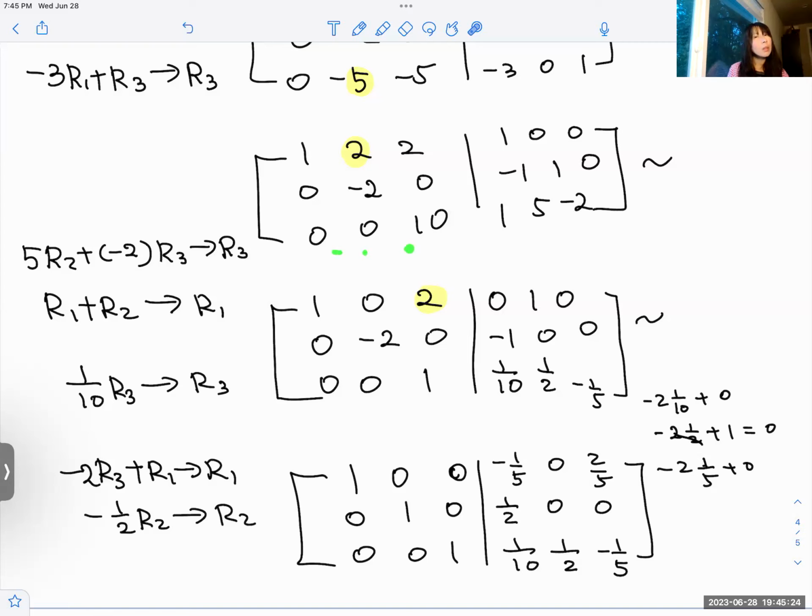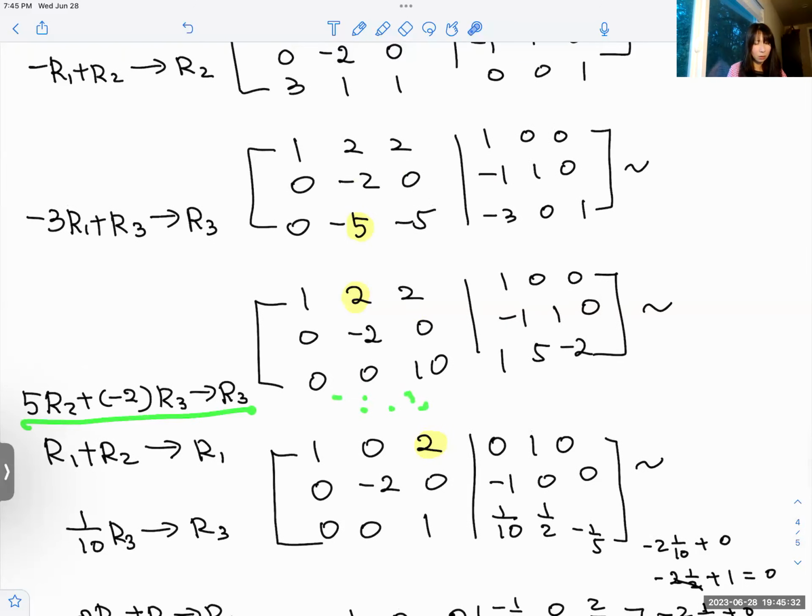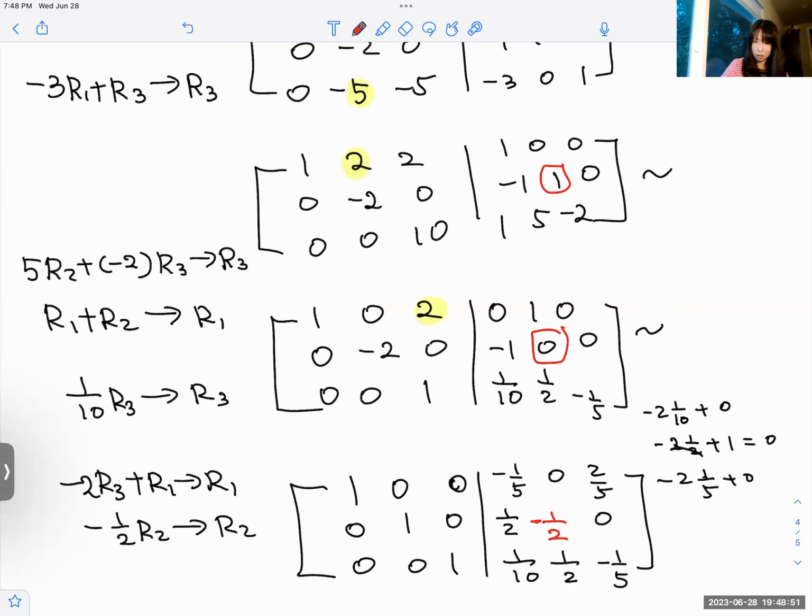I didn't get 0, 0, 10. So when you multiply 5 by R2 and add -2 multiplied by R3, what I get is, let me see, 1, 2, 2, 0, 0, 5. Okay. Then now it's correct. Yeah.